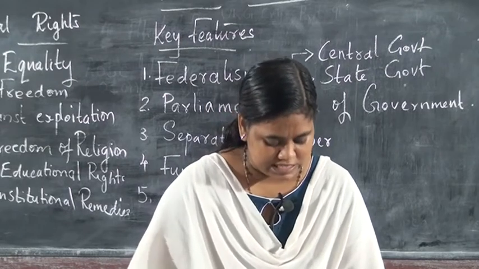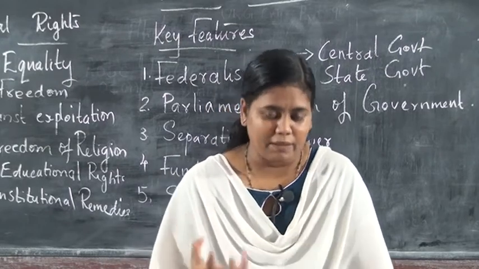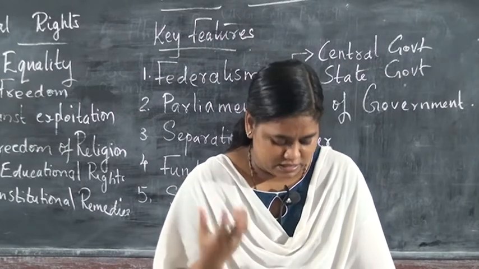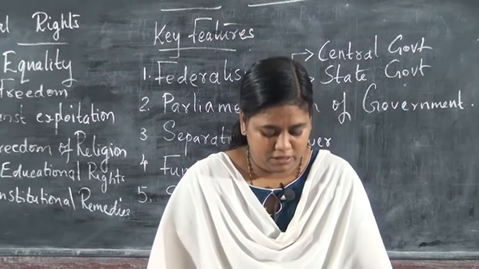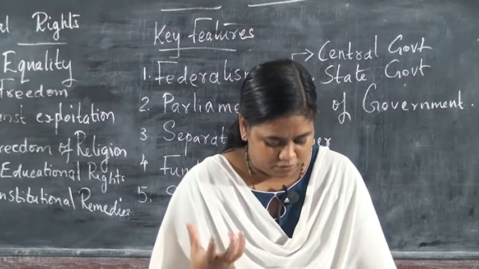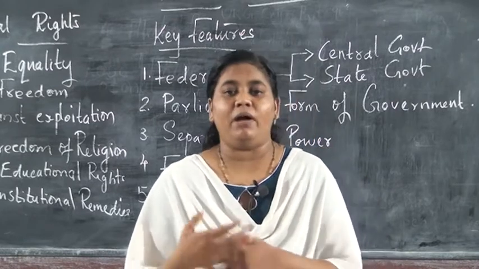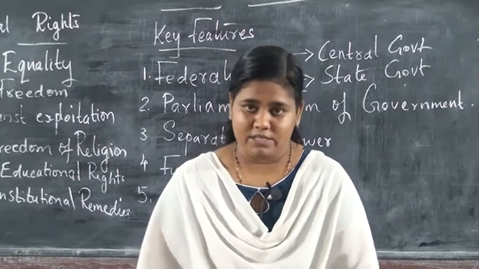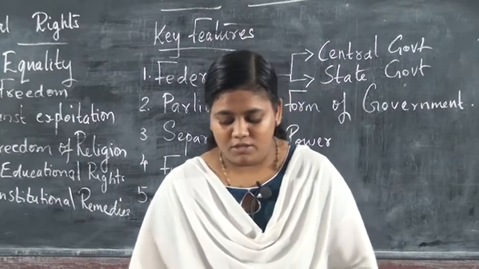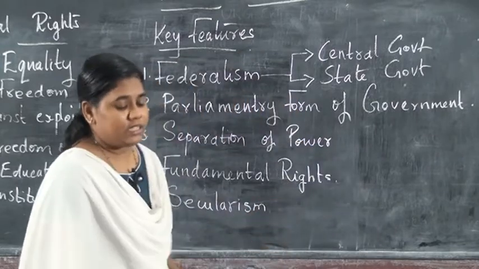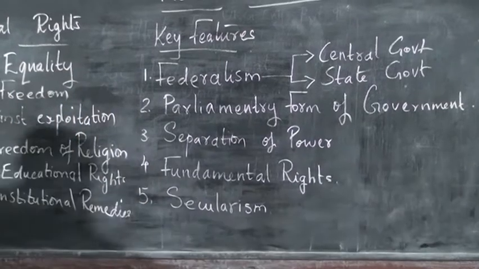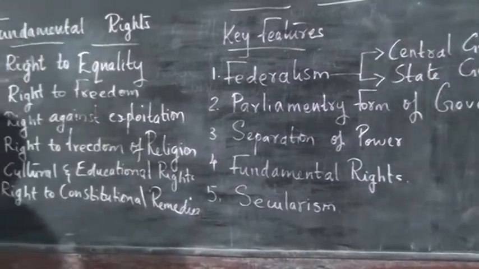The citizens must be in a position to claim these rights, and the law making body also is bound by these fundamental rights. Today we can see what the 6 fundamental rights are. The first one was the right to equality.